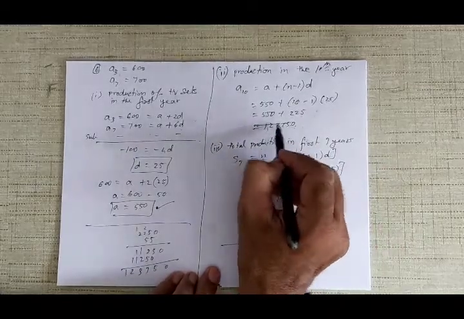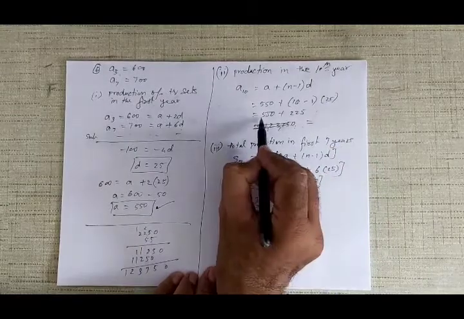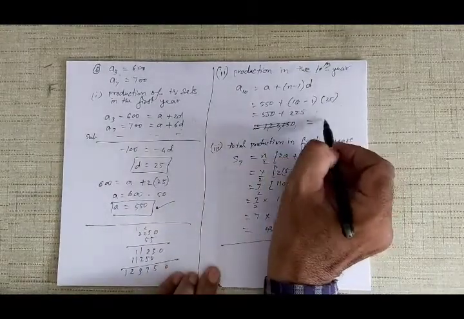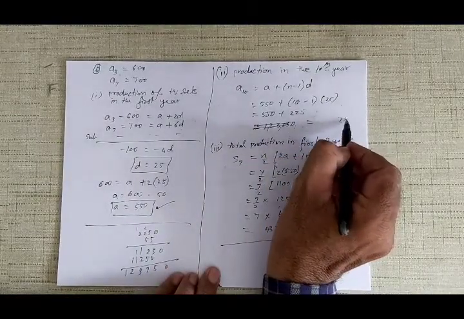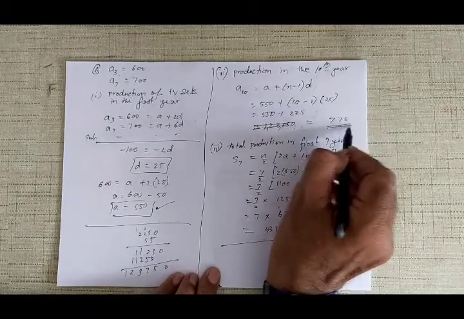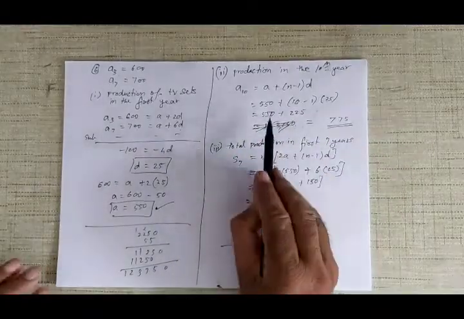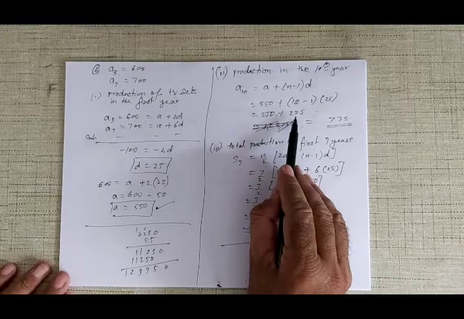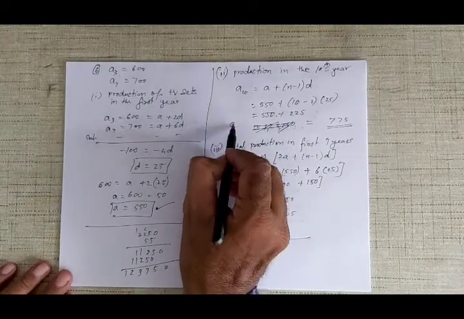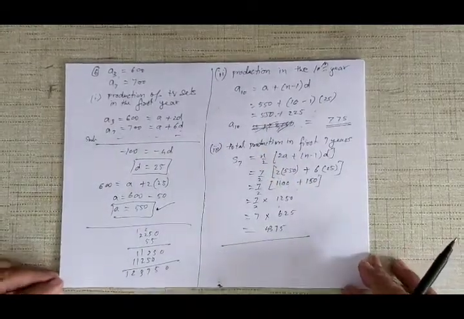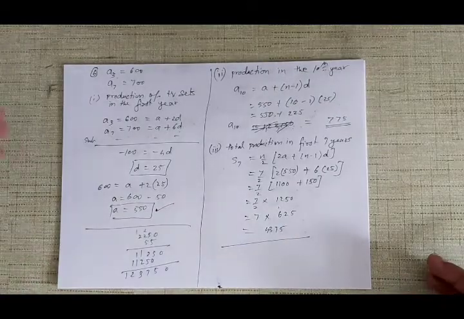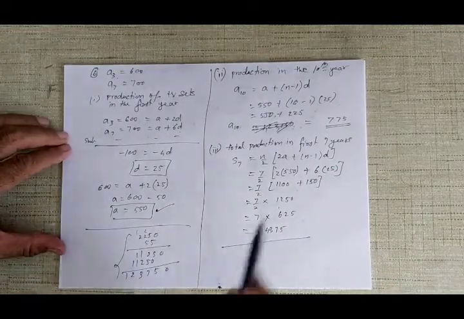I made a mistake here, I multiplied it instead of just adding. Okay, this is equal to 775. By accident I multiplied it instead of just adding it. This kind of mistakes can happen when you are doing something very quickly and talking at the same time. So this should not be multiplied, it was just added up.